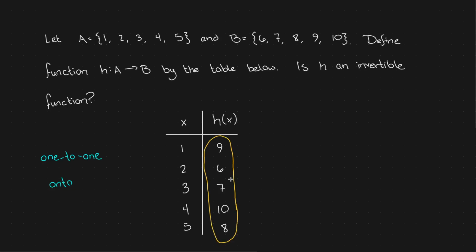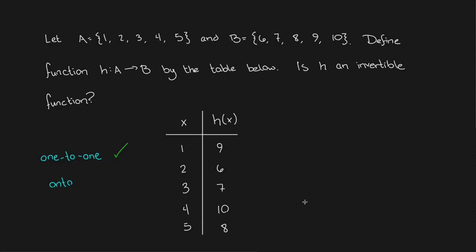I'm looking at the output values. I'm not seeing any duplicates: 9, 6, 7, 10, 8. Because there are no duplicates, the function is one-to-one. There's only one value that we could plug in to get each of the output values.